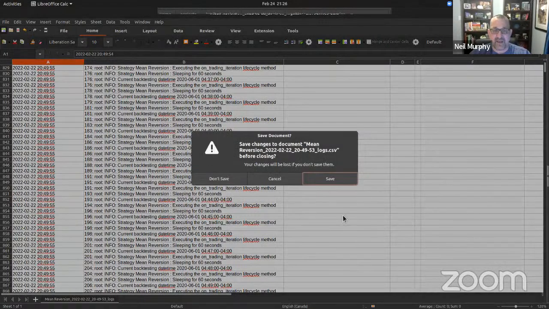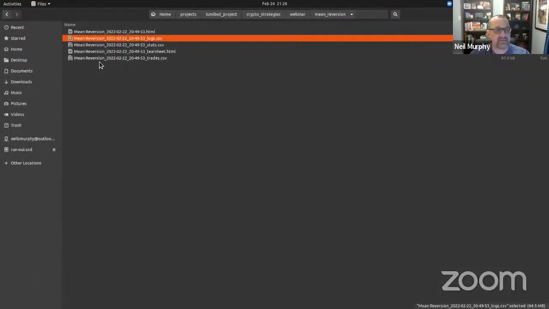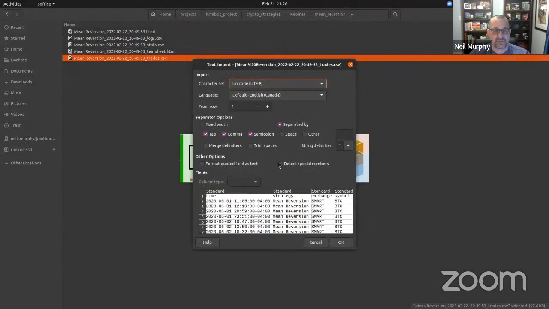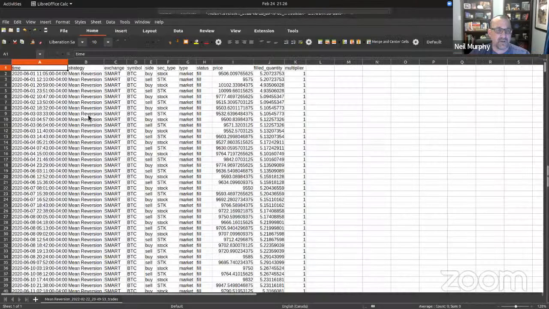There's 2 more that we have. One of them is trades. Of course, it's pretty important. So your trades here, this is the mean reversion strategy. It shows you the exact time that you went in or out of the market.